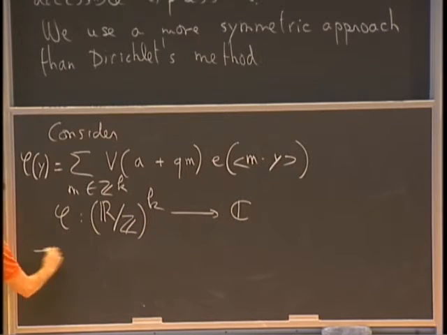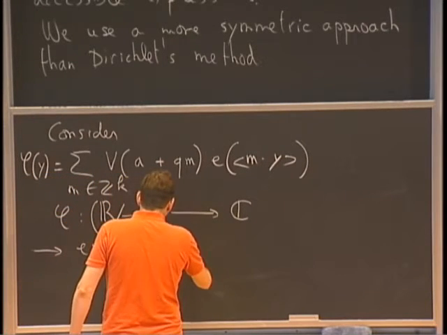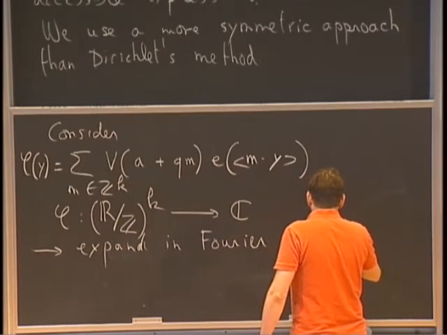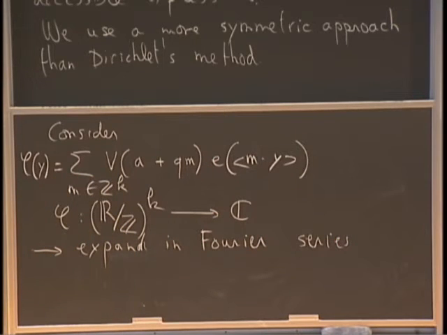So you can expand in a k-variable Fourier series. And the Fourier coefficients turn out to give you more or less the Fourier transform at H over Q.